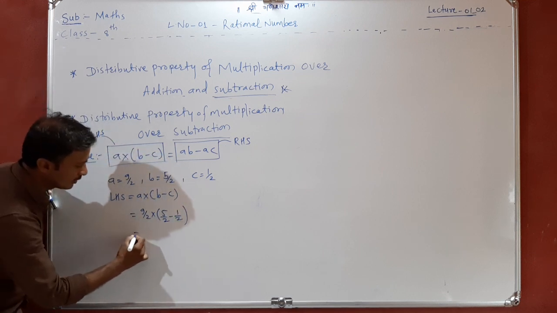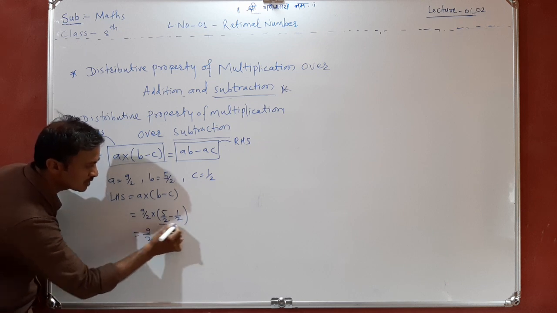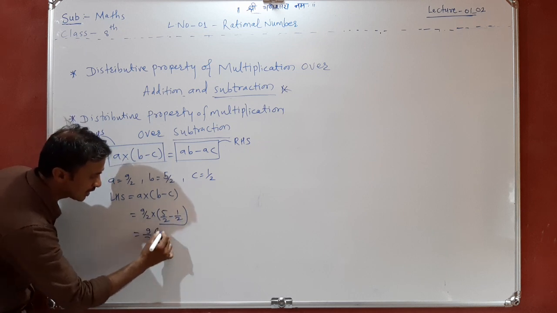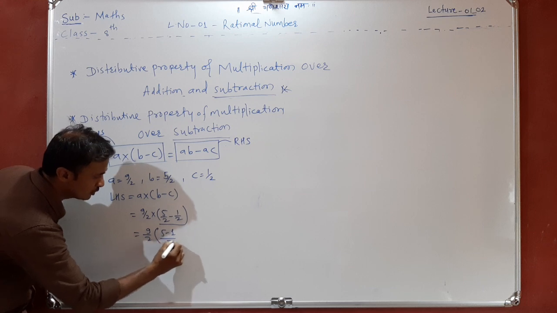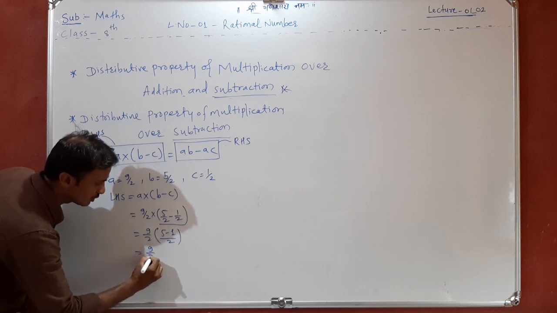Now while writing that, means 9 by 2, by using BODMAS, first we have to solve that bracket, means in bracket 5 minus 1 upon 2, means here 9 by 2 in bracket 4 by 2, bracket complete.